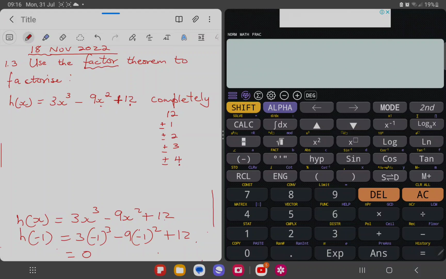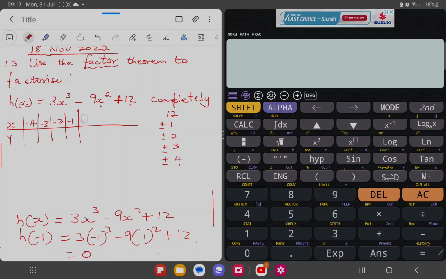It's 4. So, it means we're going to do a table with the x and y, but we're not going to calculate manually. We're going to use our calculator. The starting point on our calculator is going to be minus 4 and the end point is going to be 4. So we're going to have minus 4, minus 3, minus 2, minus 1, 0, 1, 2, 3, 4.